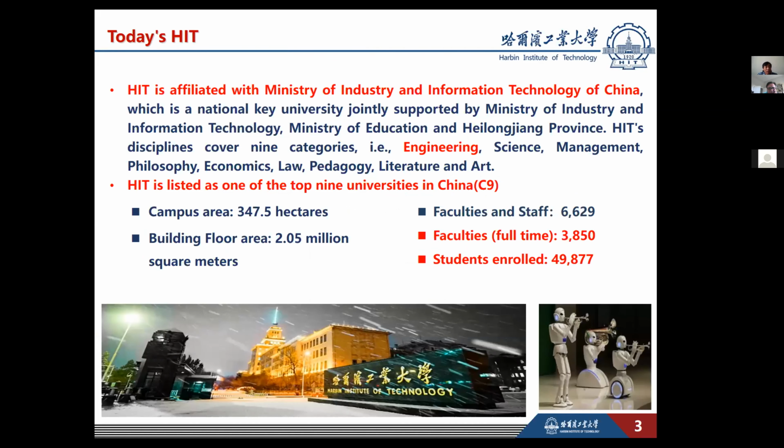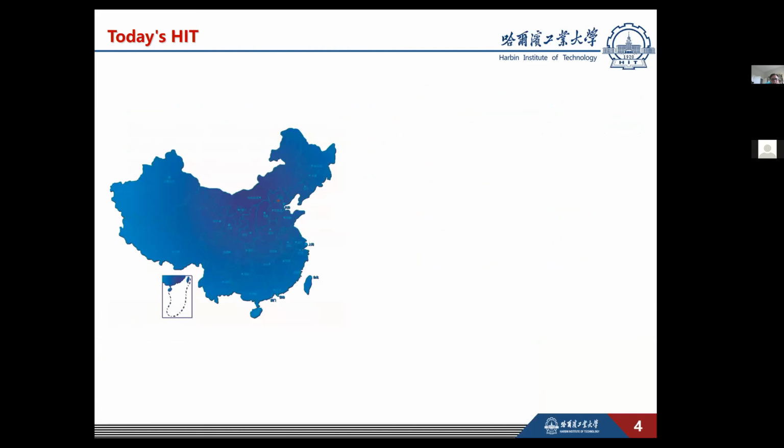So Harbin Institute of Technology, HIT, is affiliated with the Ministry of Industry and Information Technology of China, which is focusing on the engineering discipline. HIT is also listed as one of the top 9 universities in China. Here we have 3,850 full-time faculties, together with nearly 50,000 students. Our university has 3 campuses.